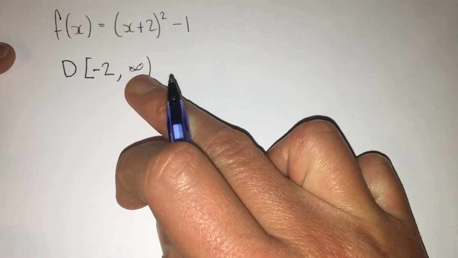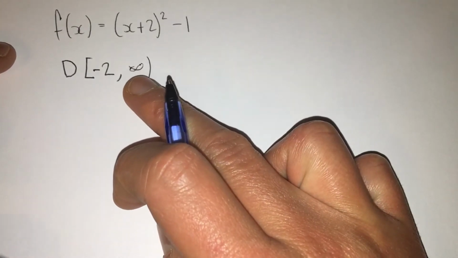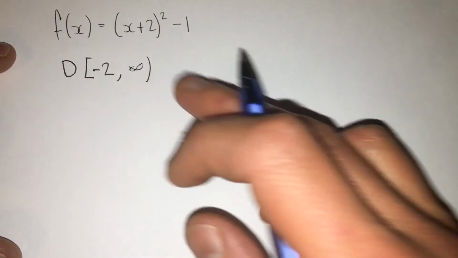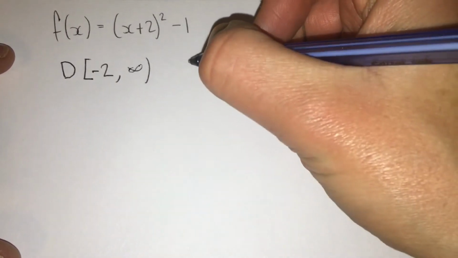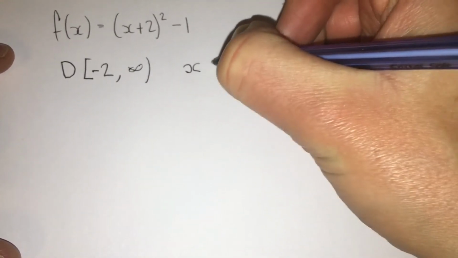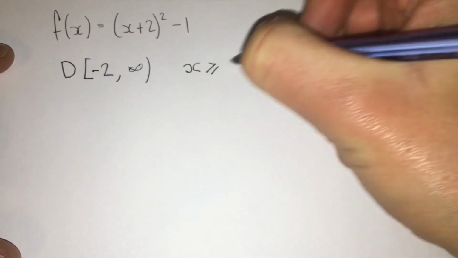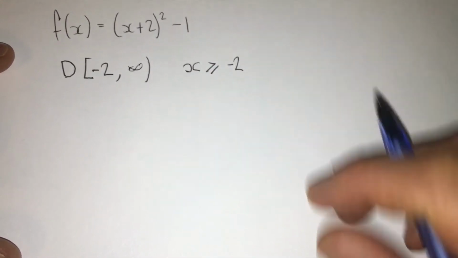The limit of this is infinity. Remember, infinity is a limit, not a number. I could have expressed this as the values of x are all greater than or equal to negative 2.